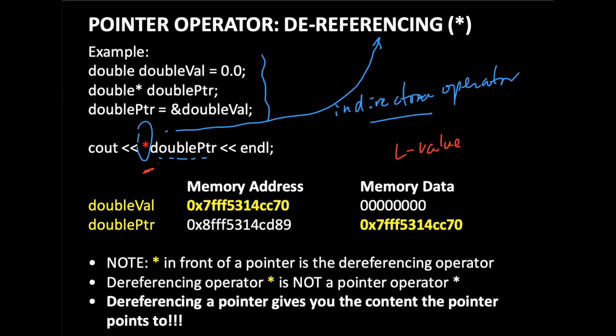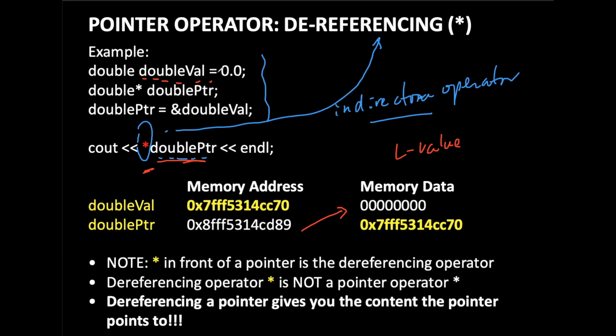In this case, the double pointer is an L value. When you place this dereference operator in front of an L value, you get back the value that this pointer points to, which means this. So when you print out star doublePtr, you're getting 0, which is the value of your doubleVal.